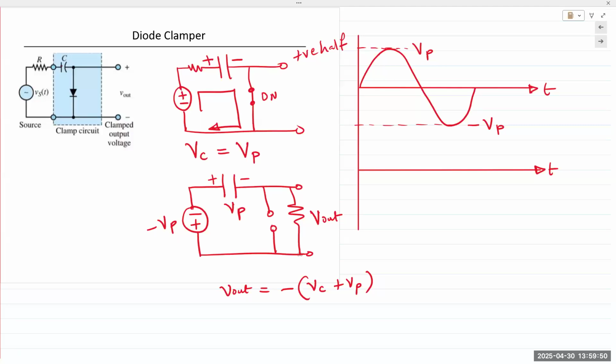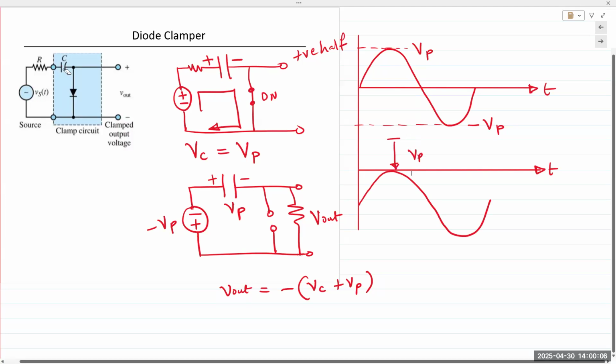of the sinusoidal input, but it will be shifted down by an amount of Vp. So let's say original Vp was here. Now it's shifted down by Vp, so now it's clamped to a negative level.